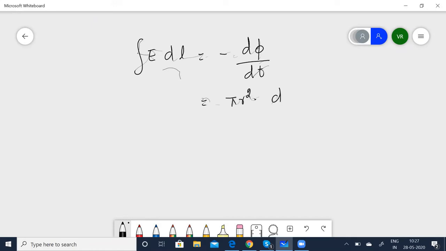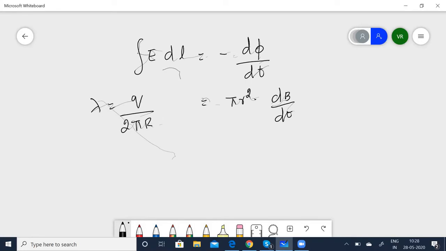Now you know the integration of E dl is equal to minus d phi by dt. Since it is a circular coil, we can take it as pi r squared into dB by dt. Now you know lambda is equal to q by 2 pi r, where r stands for the radius.